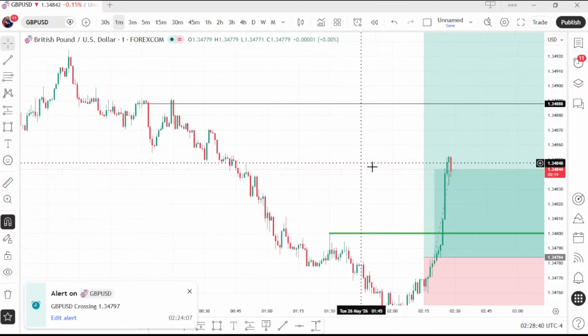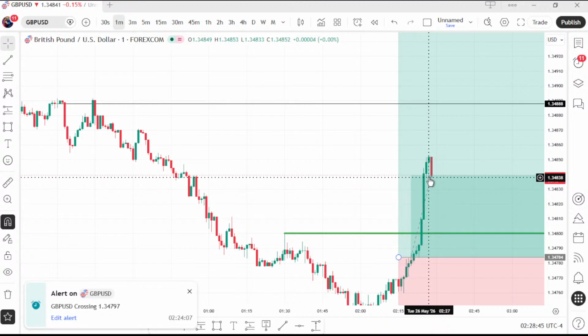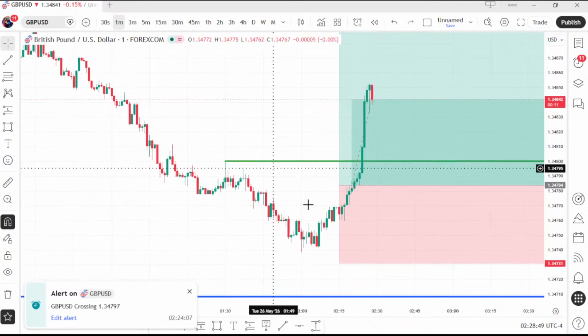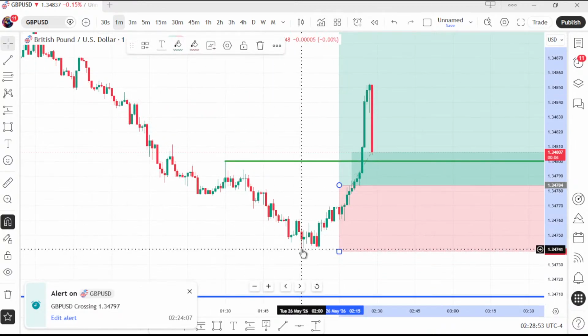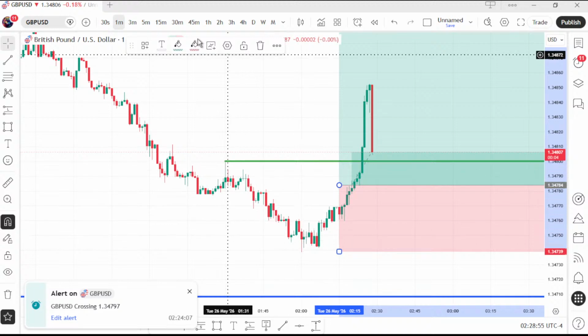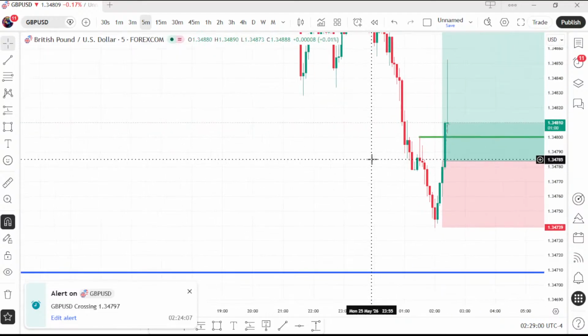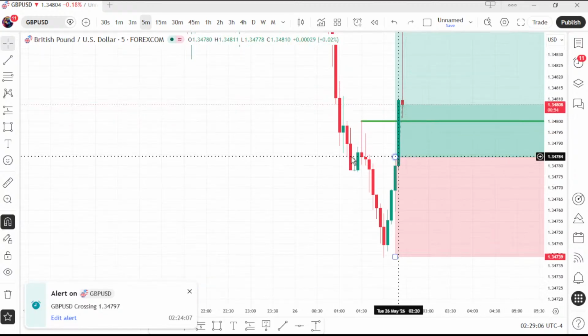See below the midnight opening. Now this is where we want to see price stopping out this stop loss here. See how price declined.